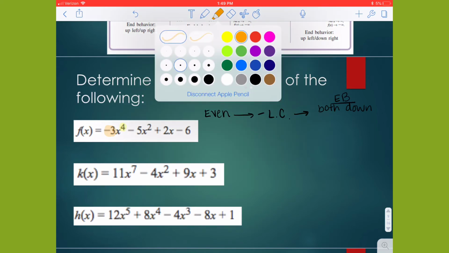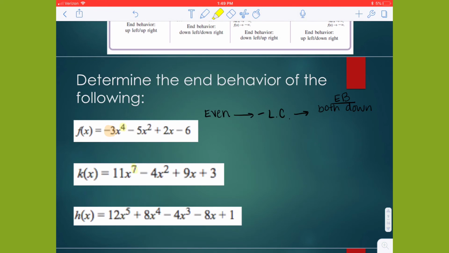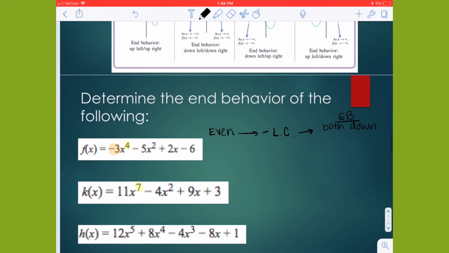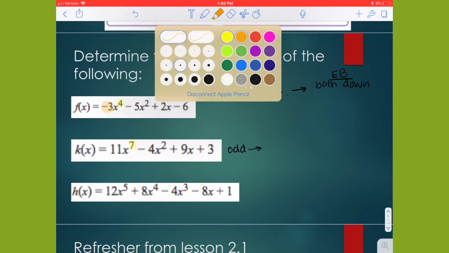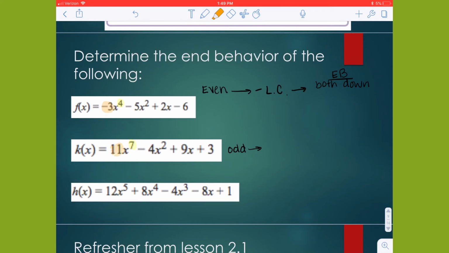Looking at my second problem, the highest degree is 7, so that is odd. And looking at my leading coefficient, it is positive, so a positive leading coefficient. So because I have an odd degree with a positive leading coefficient, I know that's going to act like x to the 3rd power. So that means my right is going up, my left is going down.